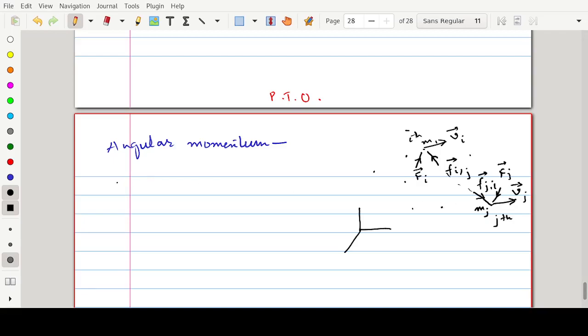Now let me write angular momentum for a single particle. So for that we need a reference point. Let us take our reference point A here.